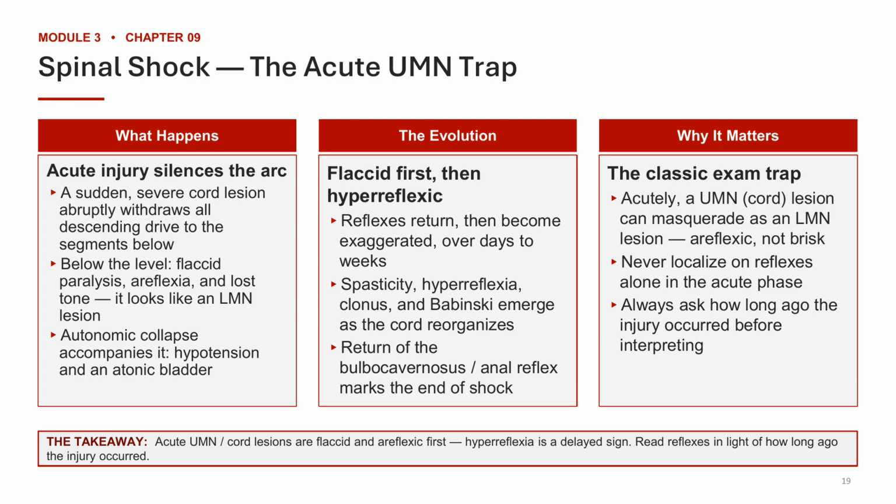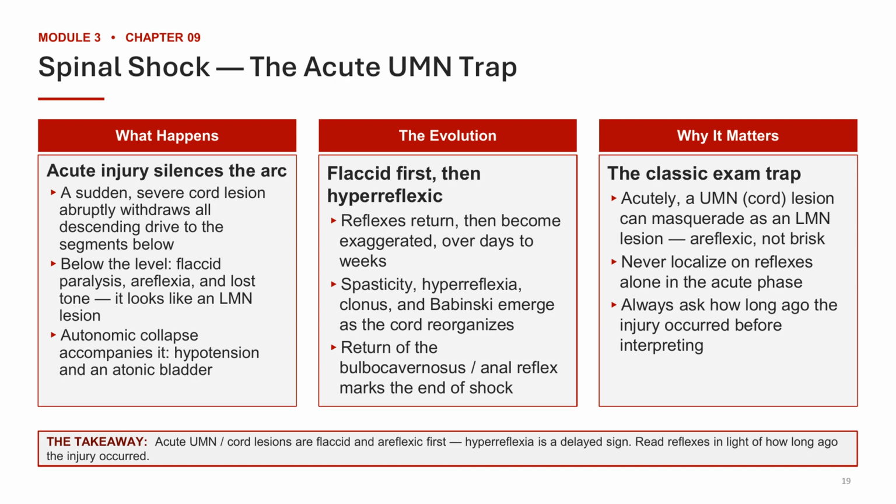The result immediately is flaccid paralysis, areflexia, and lost tone below the level, with autonomic collapse alongside it, hypotension, and an atonic bladder. Look at that list. It reads exactly like a lower motor neuron lesion, but the anterior horn cells are entirely intact. They have simply lost every input that kept them excitable.